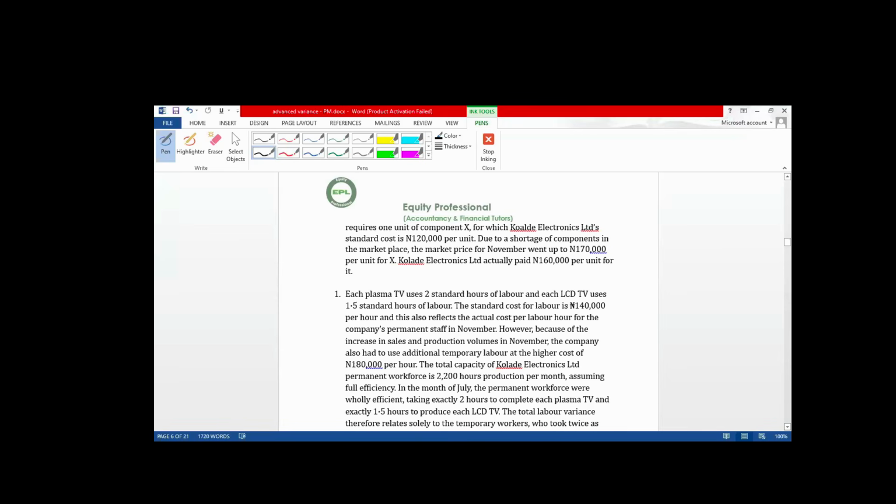What that means is that because there's increase in production, our staff cannot cope. We now have to hire temporary employees, temporary labor, and we pay them at a higher cost of 180,000 naira per hour.